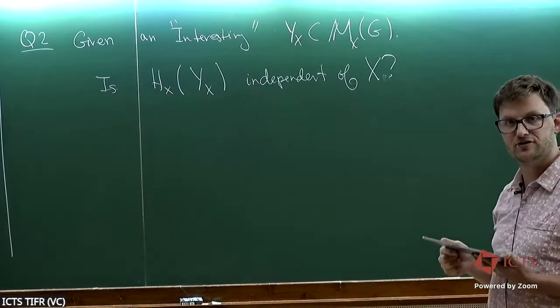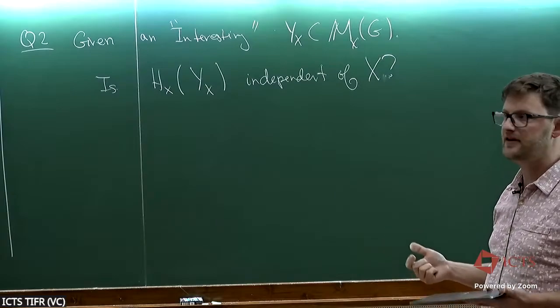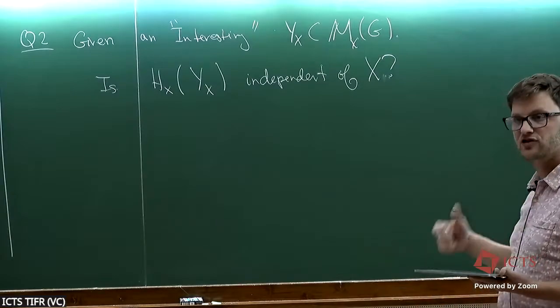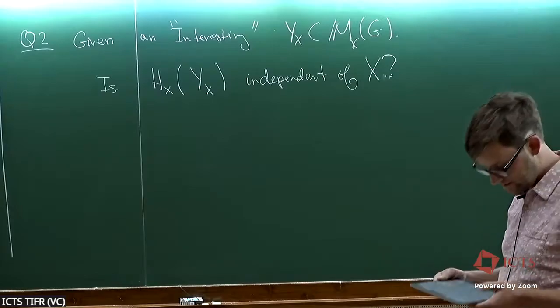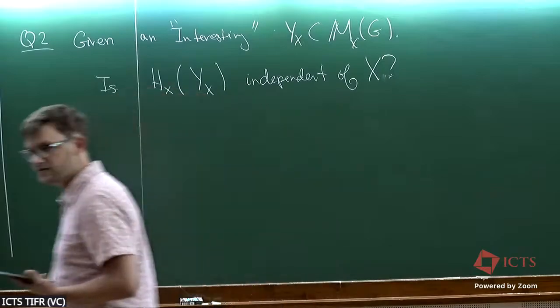Are there examples of some, or if I choose one, which is my favorite, can I understand how the image changes as I change my Riemann surface?